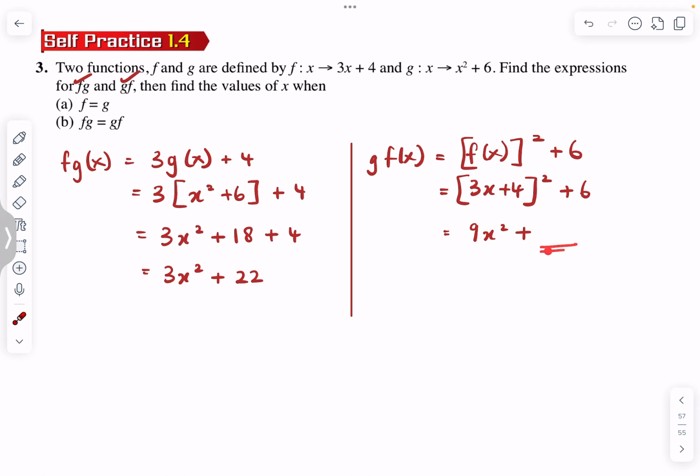And the middle term is 2 times 3x times 4. So the middle term is 2 times 3x, 6x times 4 is 24x. And then the last term is 4 squared, which is 16, plus 6. So 9x squared plus 24x, 16 plus 6 is 22.